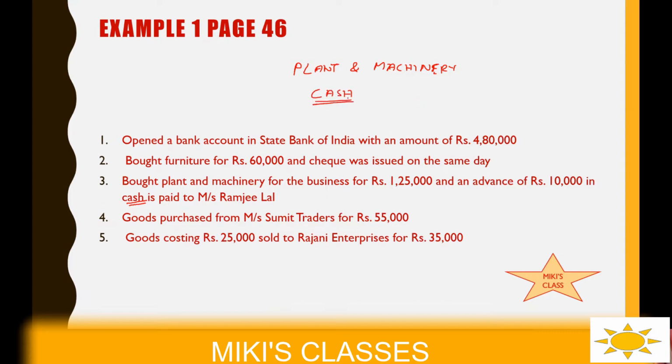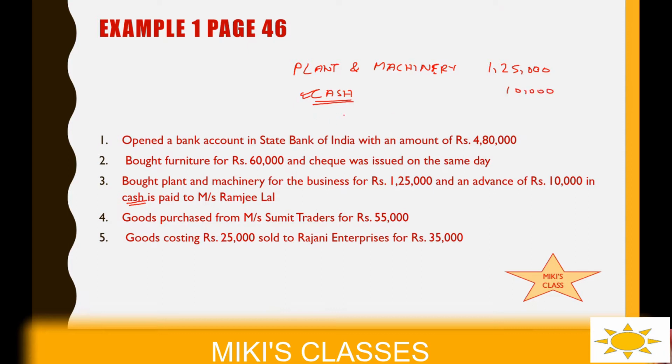And the moment you know the word cash is involved, it will be one of the accounts involved in this. Now we know that plant and machinery, the price is 1,25,000. But the cash which has been paid is only 10,000.